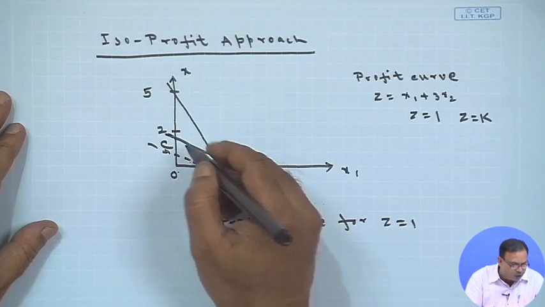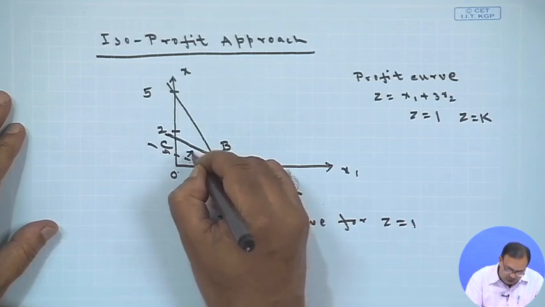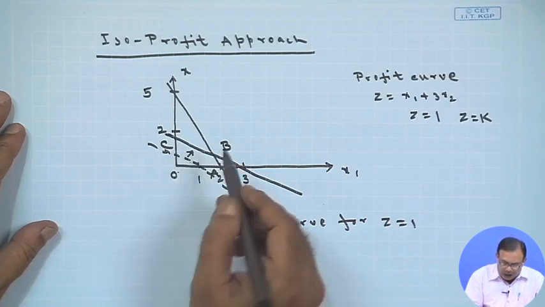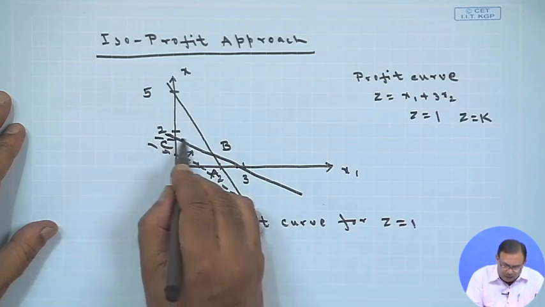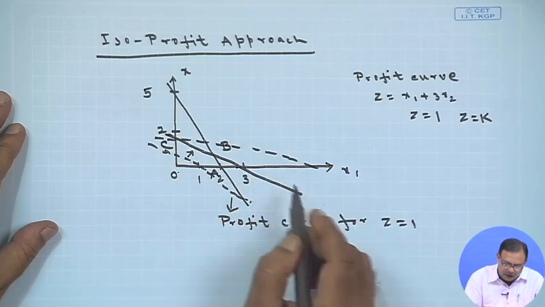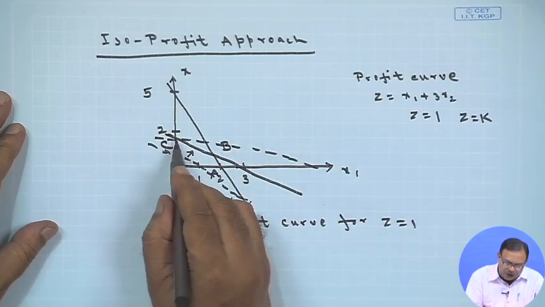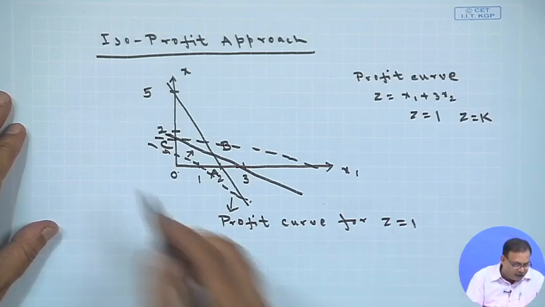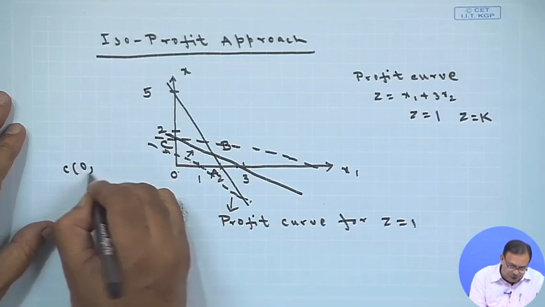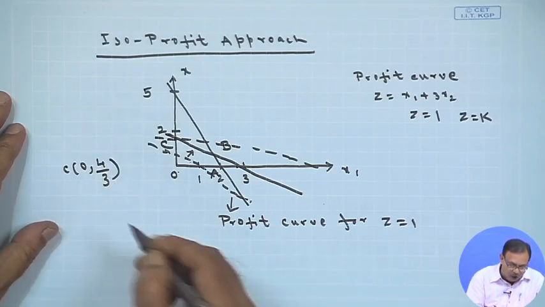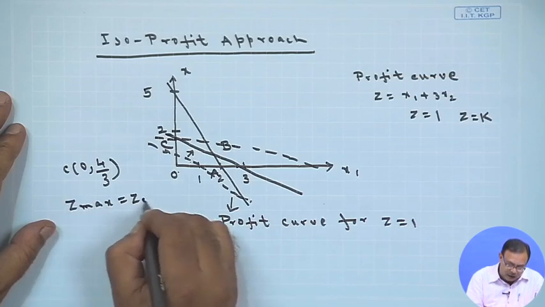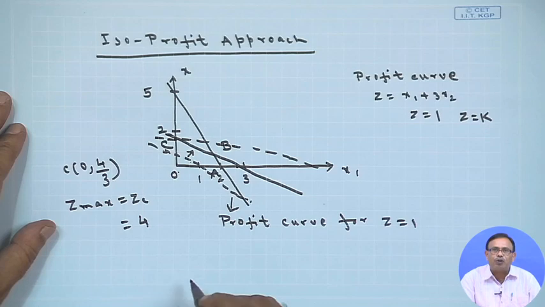From here it is quite clear, if you move in this direction, at some point I will get a line like this, which crosses the point C. Once it crosses the point C, that is (0, 4/3), there you will obtain the maximum value, that is z max equals z at C, whose value is equal to 4.